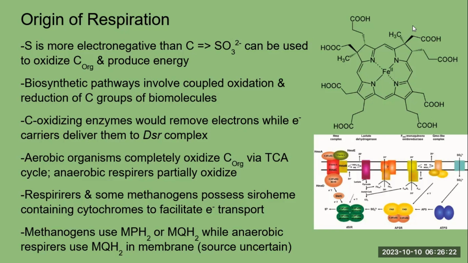Methanogens also sometimes possess siroheme-containing membrane-bound cytochromes to facilitate electron transport and ion pumping, and another membrane-bound electron carrier known as menaquinone, which is common in anaerobic respirers. However, it's hard to say whether these arose in methanogens and were inherited by respirers, or if they began in respirers and were transferred horizontally to methanogens.